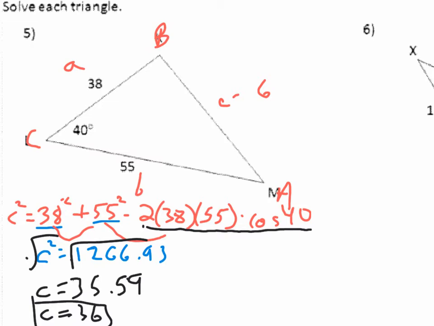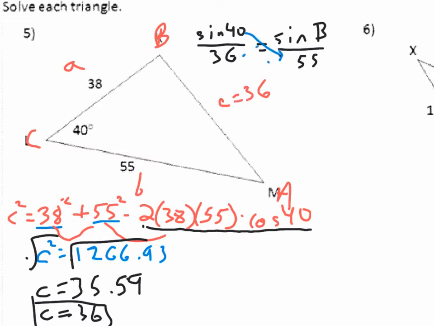So we would set up saying sine of B over 55, that's the side opposite it, is equal to sine of C, which is 40, over 36. Now we cross multiply.